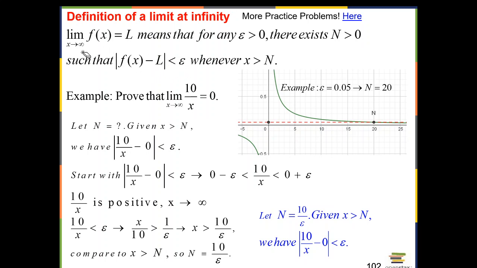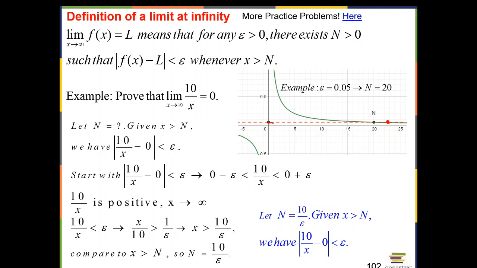But the x part changes. How? This time we have to find a big number N for every epsilon we are given, such that after that number N, whatever number we pick, the y values will be within this epsilon.